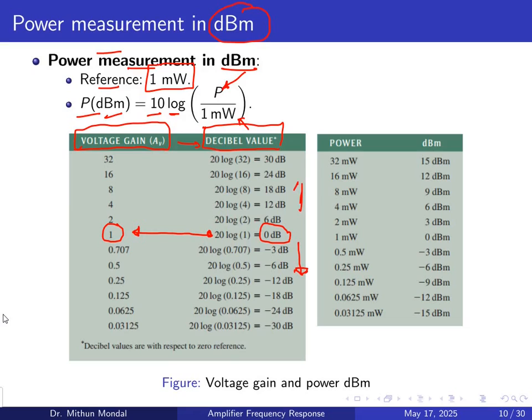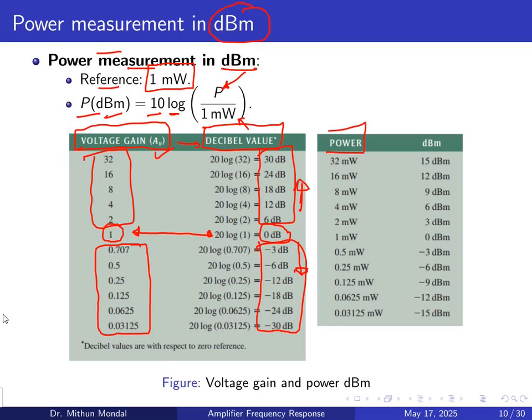And this side we have the plus dB. So if the voltage gain is less than one, that corresponds to negative dB, and if the voltage gain is greater than one, then we are talking about the decibel which is positive. So we take 0 dB as the reference, voltage gain being 1.